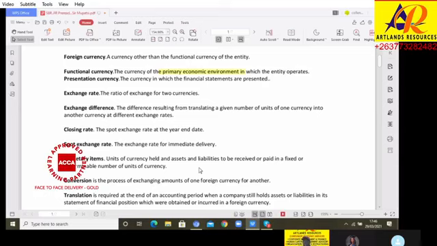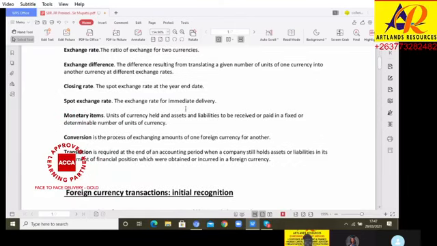Likewise, land in Pula is a non-monetary item because there is no actual cash movement that you're expecting. I'm sure the difference is clear. Even inventory in Botswana is a non-monetary item.